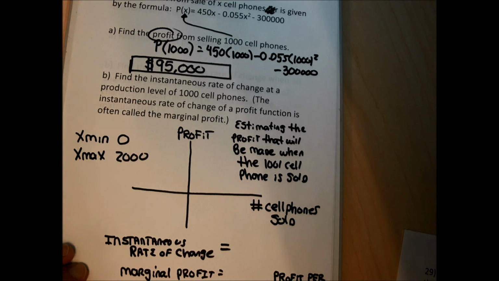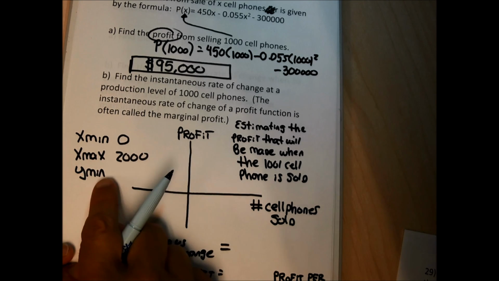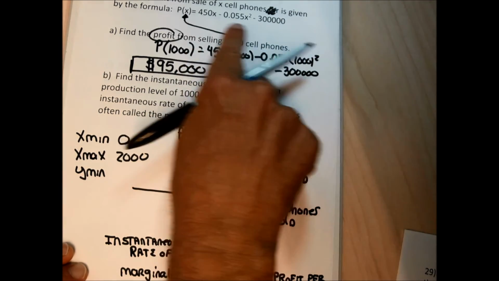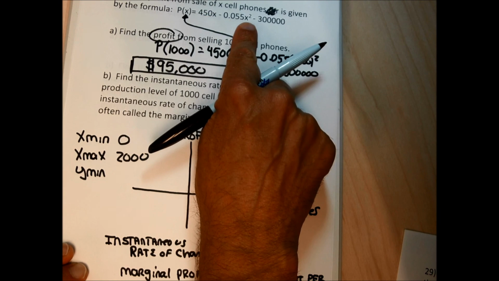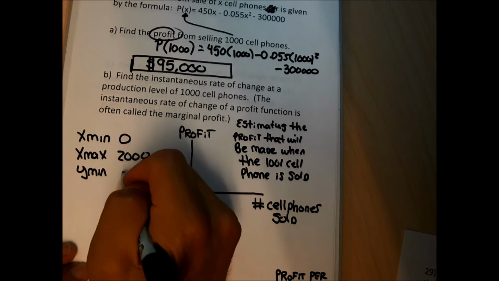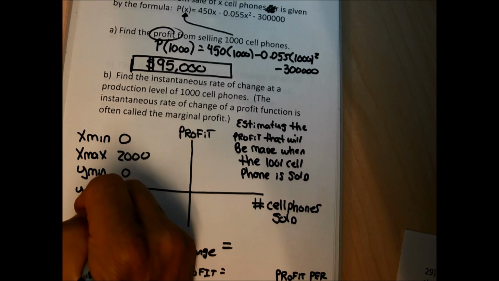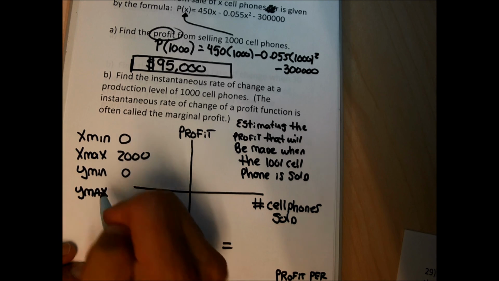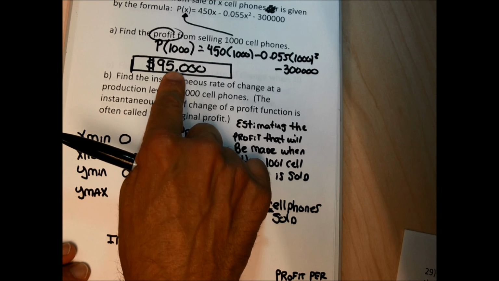Now if I want to see the graph, the y's are the profit. Maybe if we don't sell any cell phones, we're going to lose money because you've got costs that you're paying for and you're not getting any revenue to match up with them. But I'm going to make it 0. It probably should be a negative number, but it's not going to matter for my calculator purposes. For y max, when I sold 1,000 cell phones, I'd make $95,000.